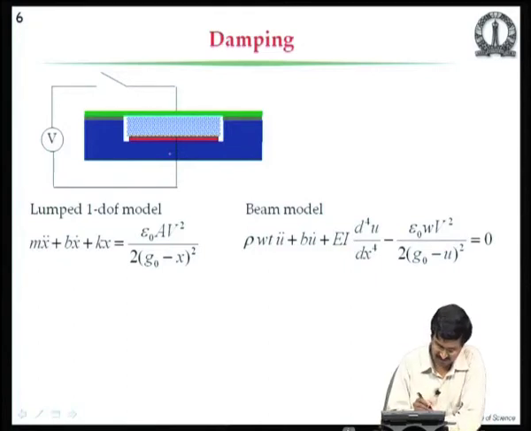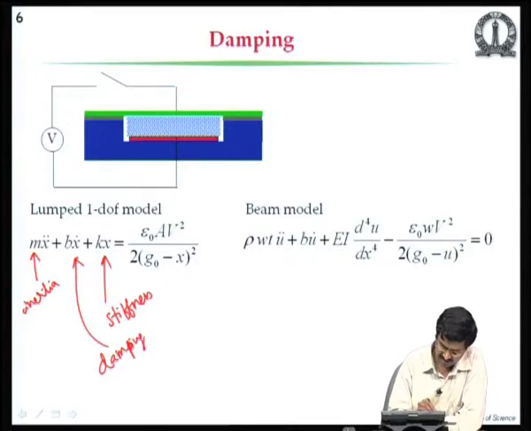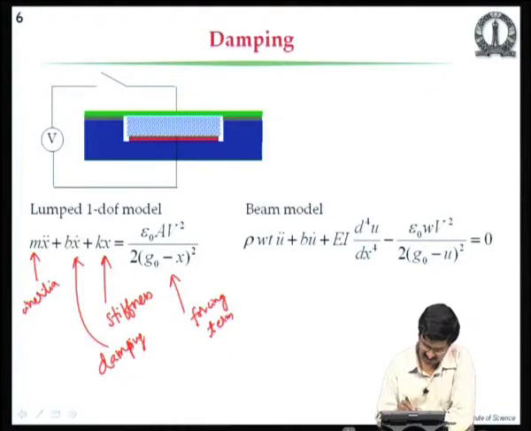So, the damping term here, this is the inertia term, let us write things down that we know already, and this is the stiffness term, and this is our damping term. That is, in the 1D model, m x double dot plus b x dot plus k x equal to the forcing term, that in this case is electrostatic. In the case of beam modeling, we have the same thing: inertia term, damping term, stiffness term, and the forcing term.